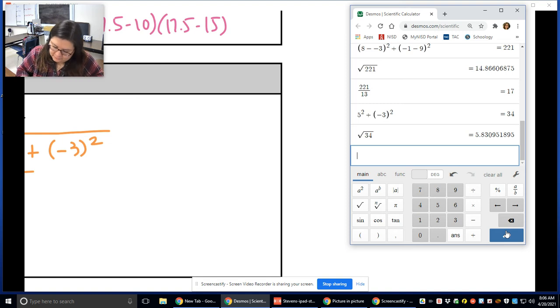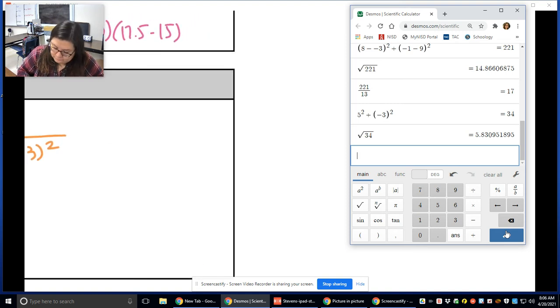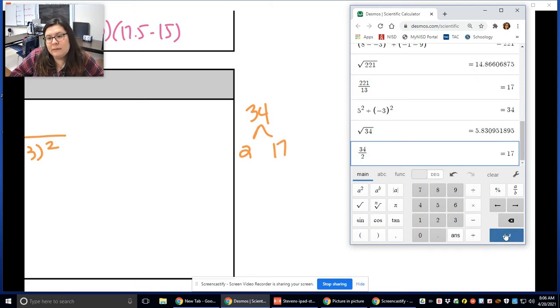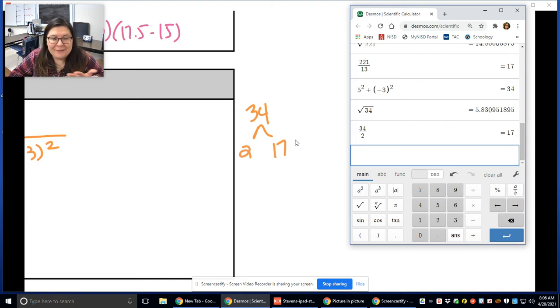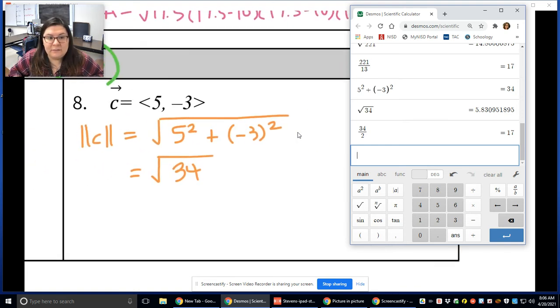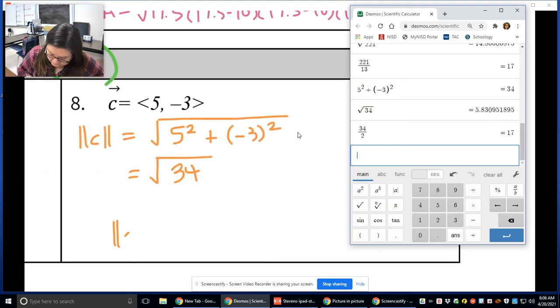Let's see if we can simplify this. 34 is 2 times 17, and 17 is prime. So again, usually this doesn't happen, but I can't simplify that radical. It's going to stay the way it is. So the magnitude of C is the square root of 34.